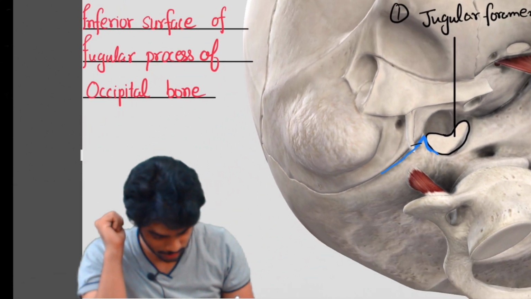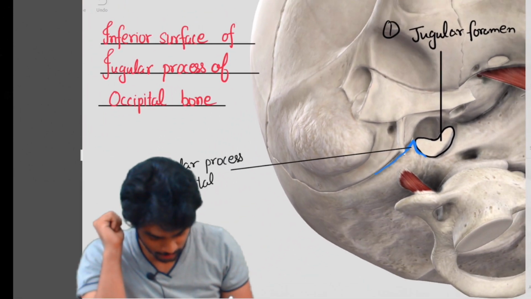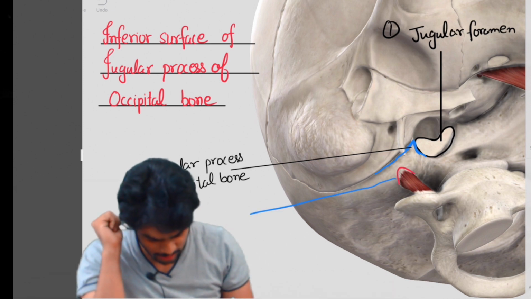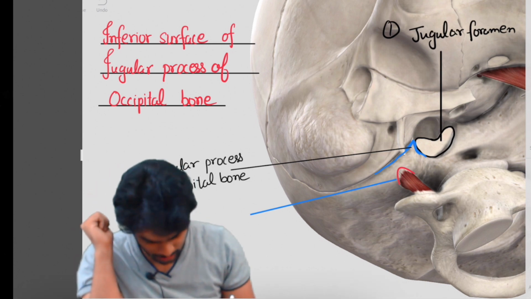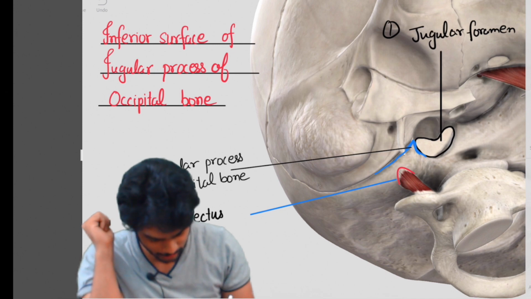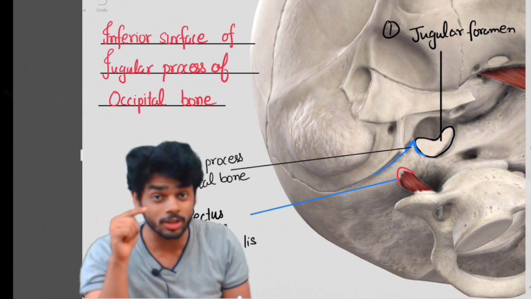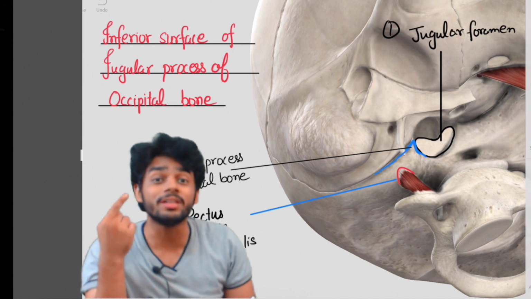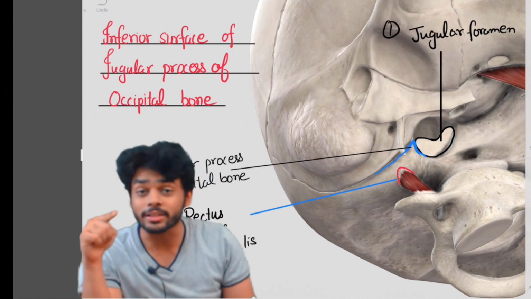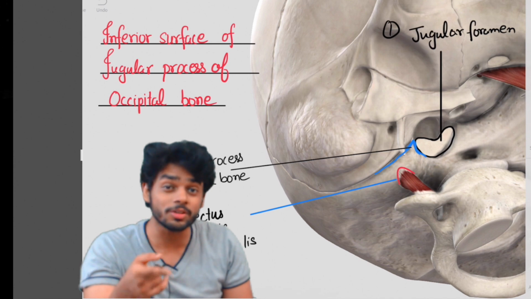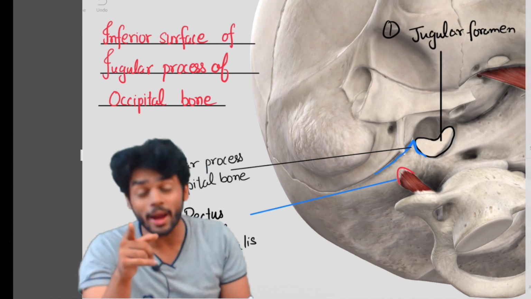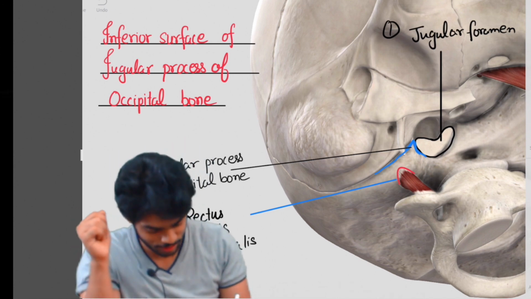And here you can see this muscle, which is known as the rectus capitis lateralis muscle. We just talked about the rectus capitis anterior muscle. This is rectus capitis lateralis, and later in this video we will also study the rectus capitis posterior. Just stay tuned.